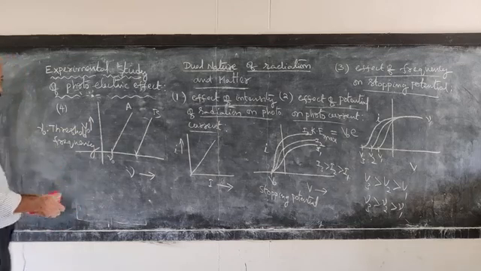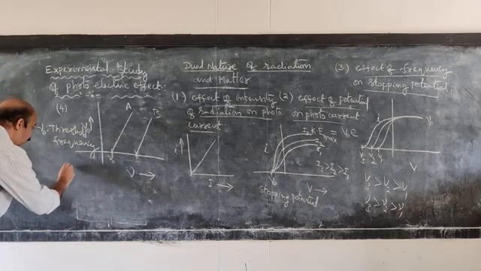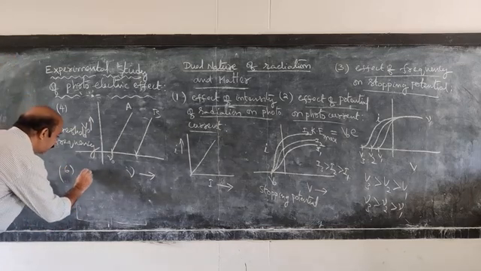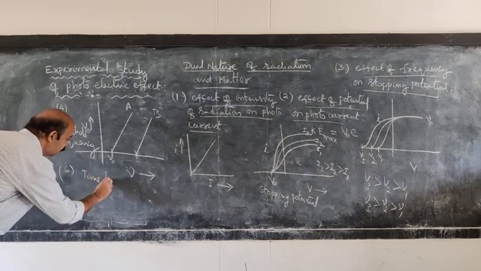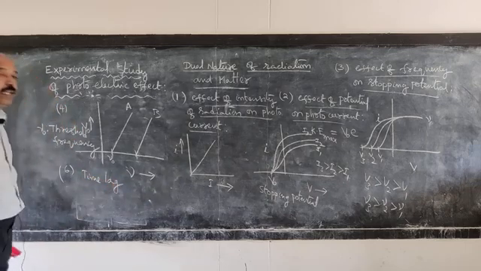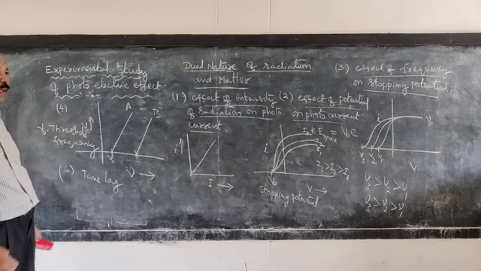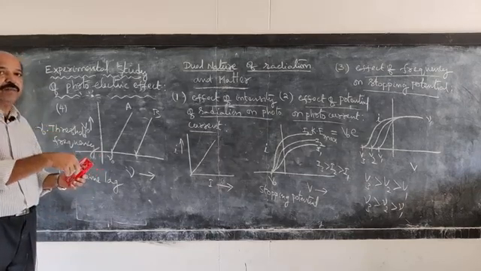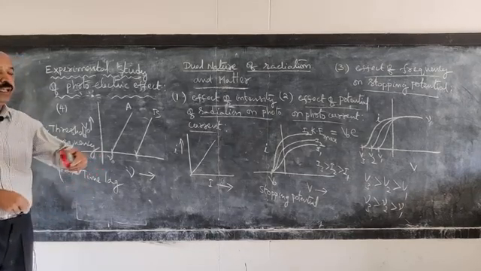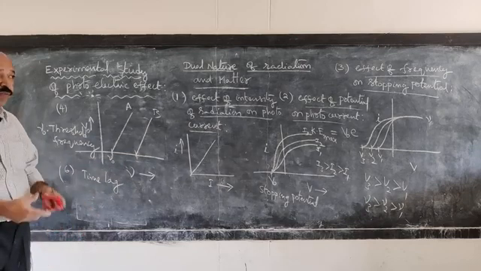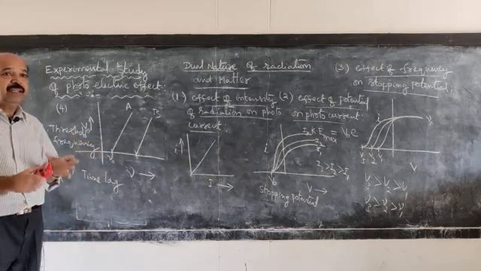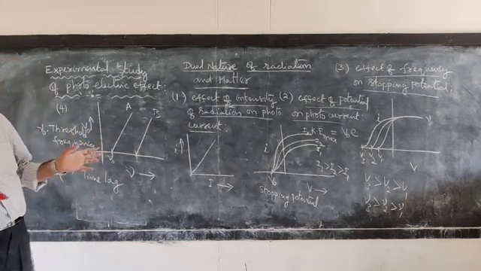Another important observation is about the time lag. Actually, there is no time lag observed between the incidence of radiation and the emission of photoelectrons. That means photoelectric emission is an instantaneous process. There is no time gap.